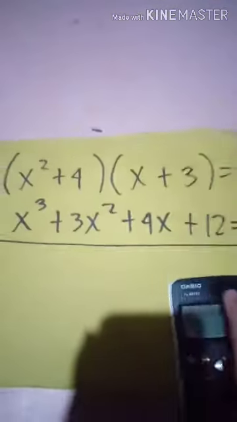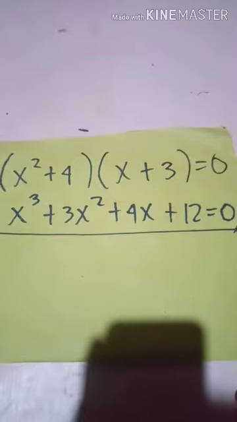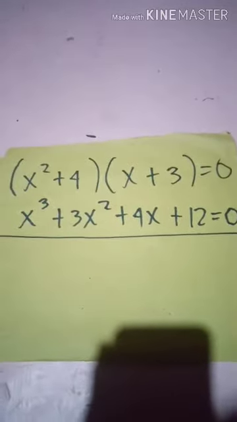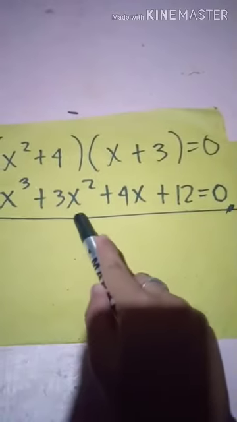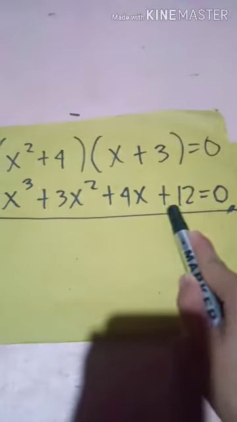Now let's try our actual answer, which is x cubed plus 3x squared plus 4x plus 12.